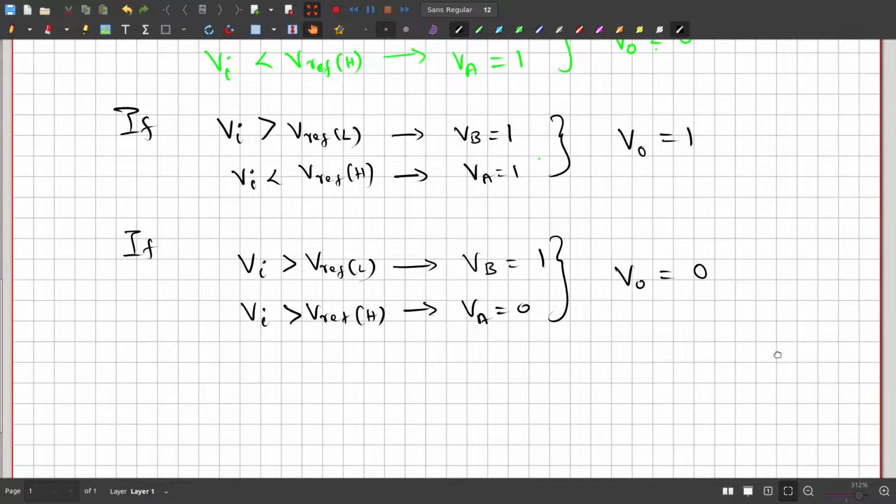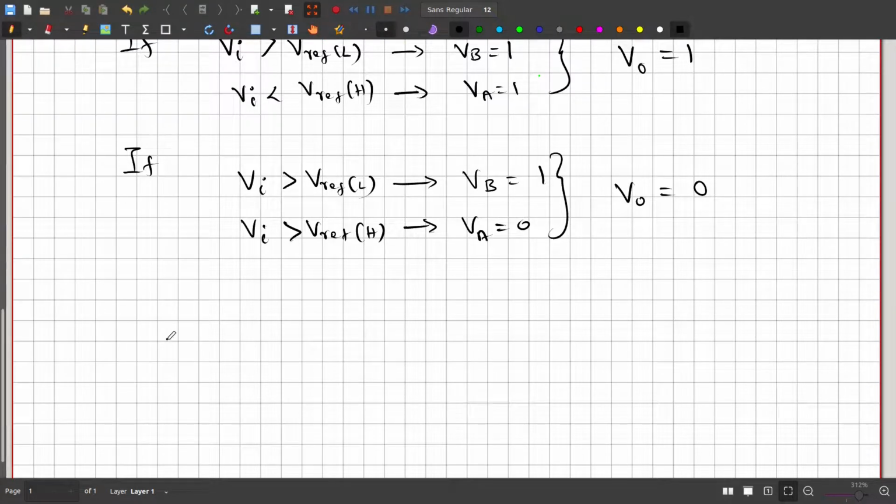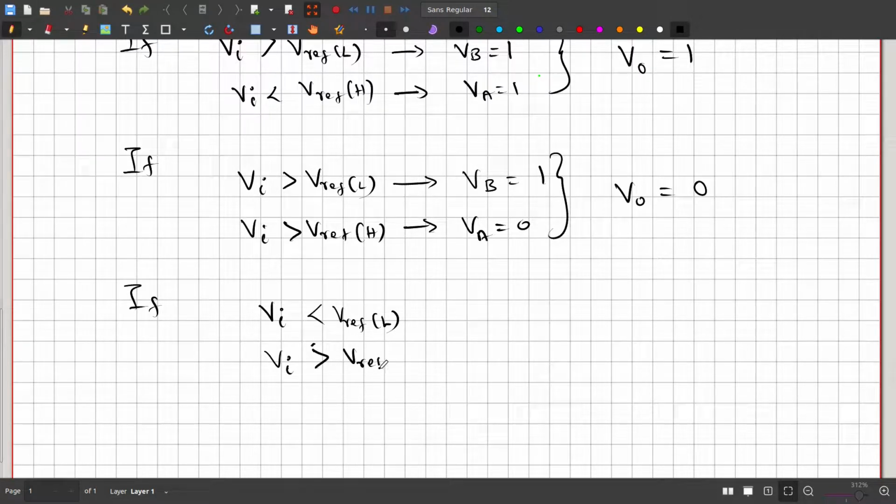Okay. So we have another possibility. If Vi is less than VrefL and Vi greater than VrefH.